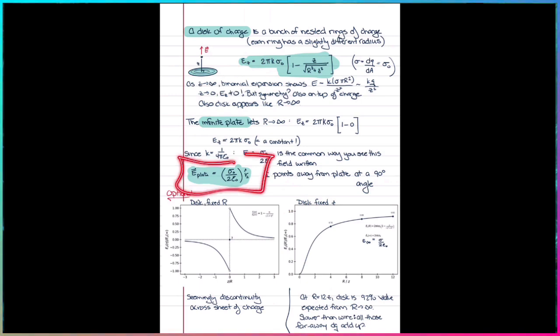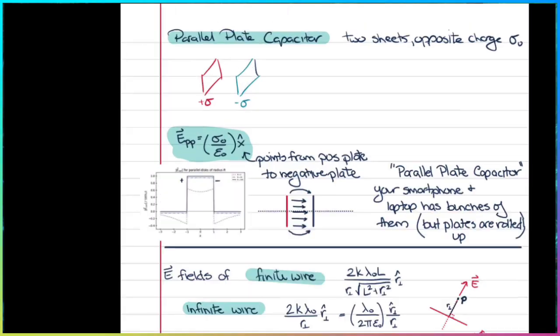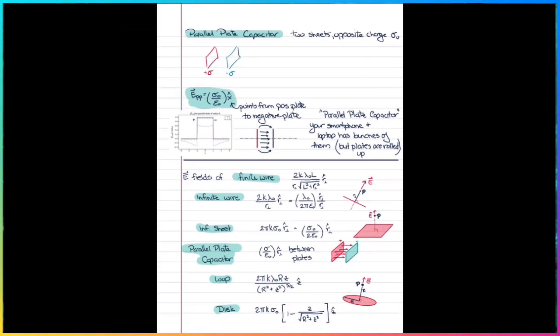Where this infinite sheet plays an important role is when you have two sheets next to one another, one positive and one negative. This is called a parallel plate capacitor. Your smartphone and laptops have bunches of these in them. Usually the two sheets are rolled up into a coil, into a cylinder. This is something we're going to see a lot the rest of the semester, so we'll have to study that one in detail.